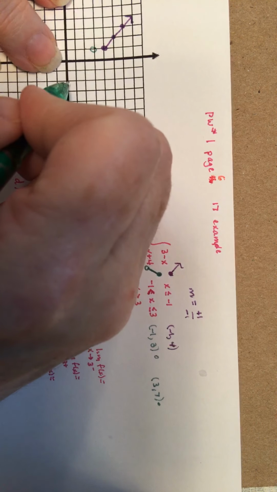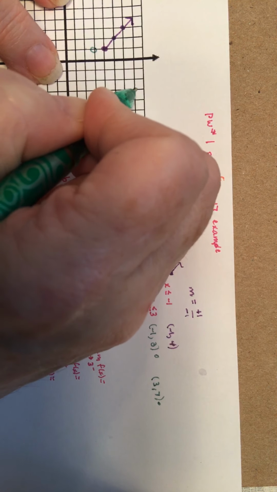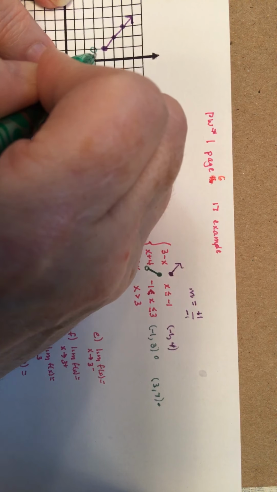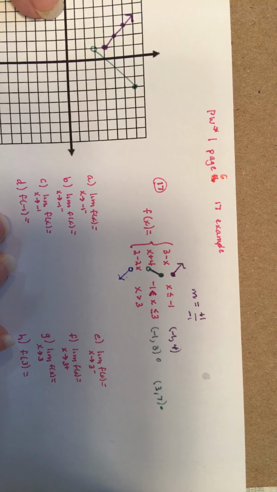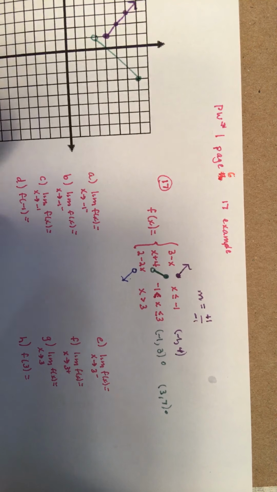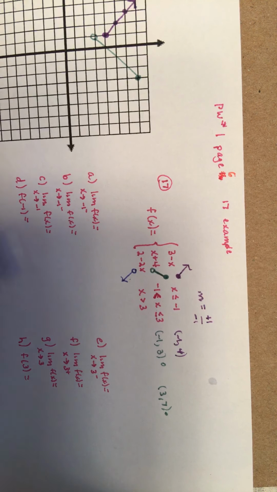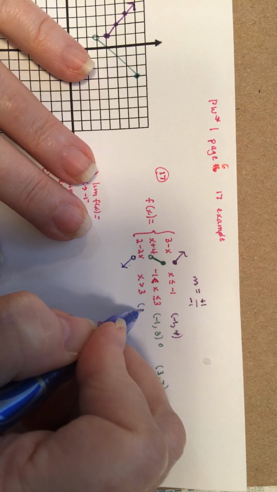And then I plot 3, 7, 1, 2, 3, 4, 5, 6, 7. And then I just connect the dots, just like you were in kindergarten or preschool. Connect the dots.